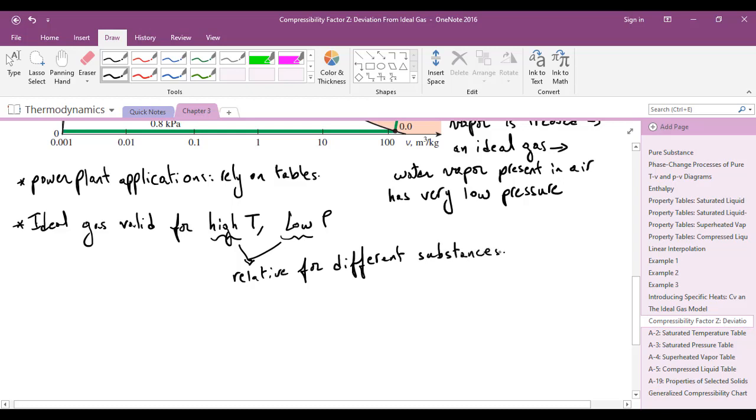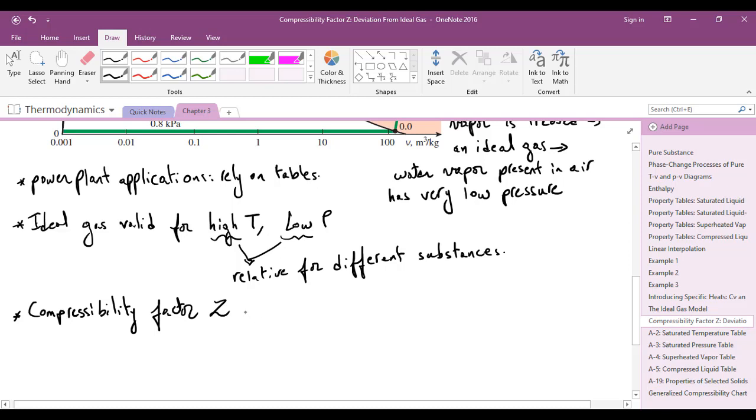So in order to solve this issue, we now define the compressibility factor Z. The compressibility factor Z accounts for the deviation from the ideal gas behavior at a given temperature and pressure.